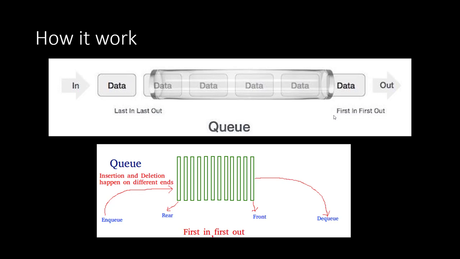This is another way to represent how the queue works. In the diagram below on the same slide, you can see how enqueue and dequeue work, and also that there are two pointers. You can call them variables as well.